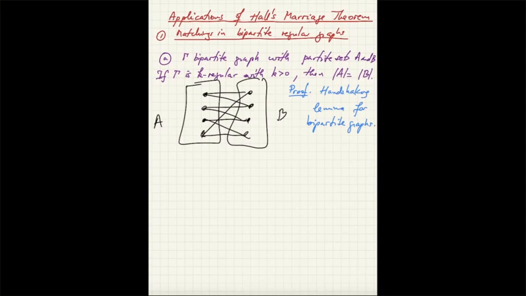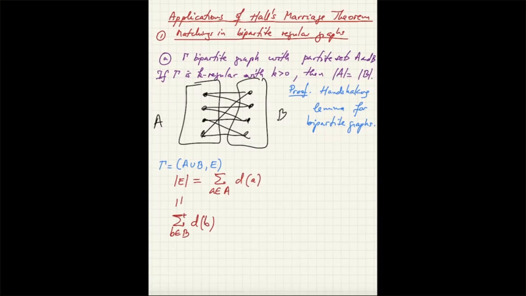Remember that in bipartite graphs, if gamma has vertex set V, which in our case is the union A ∪ B, and it has edge set E, then the number of edges in the graph can be written as the sum over all a in A of the degree of a, and can also be written as the sum over all b in B of the degree of b.